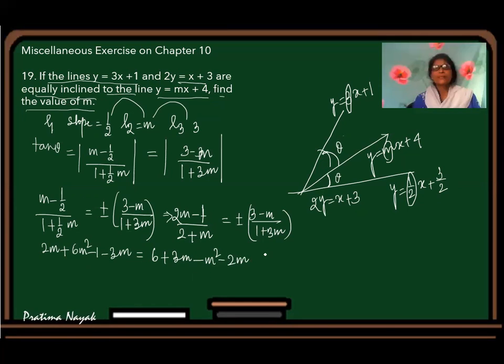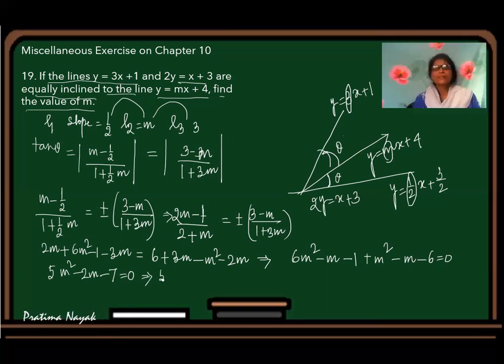So this gives you, how much? Is anything cancelled? No, no, no. So 6m square minus m minus 1 plus m square minus m minus 6 is 0. So this gives me 5m square minus 2m minus 7 is 0.